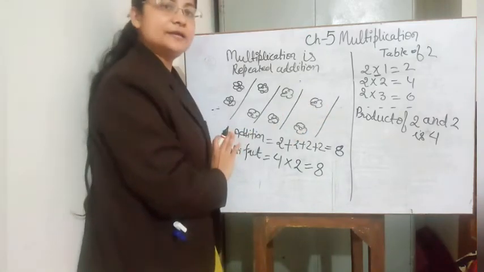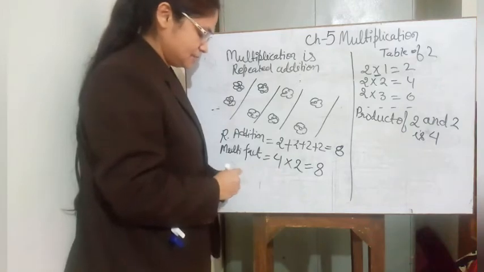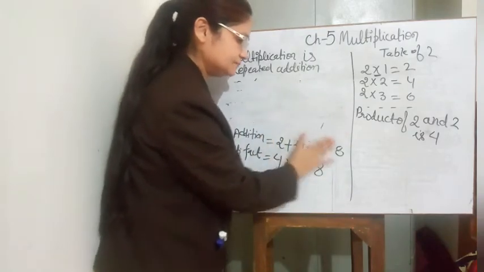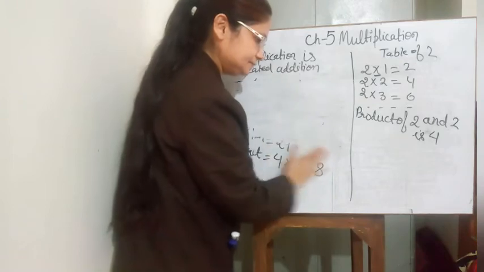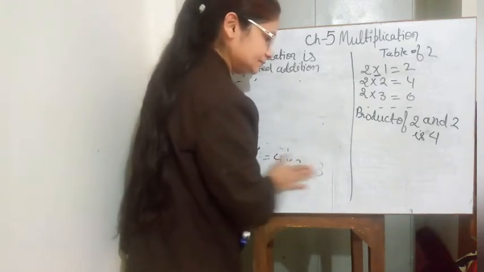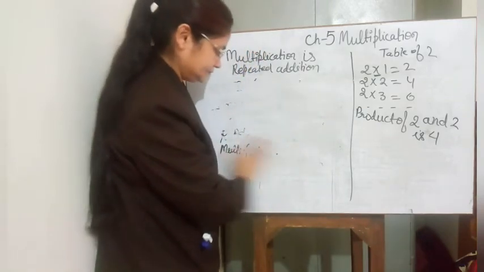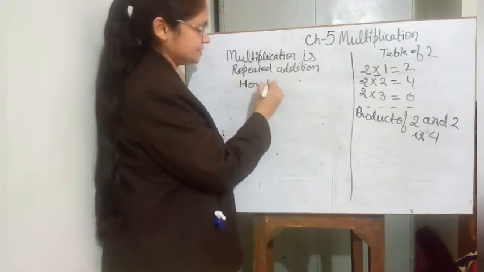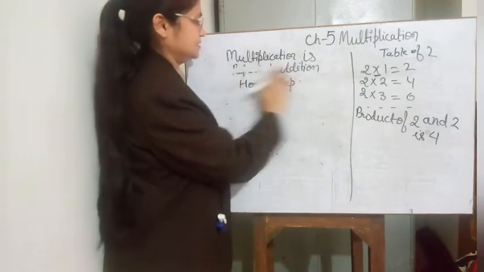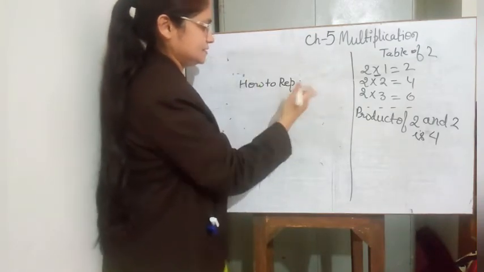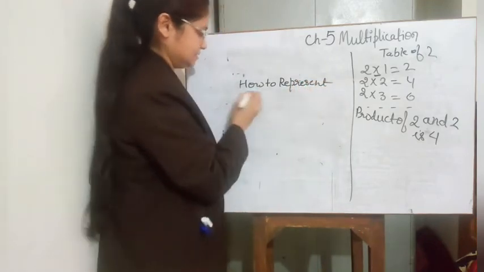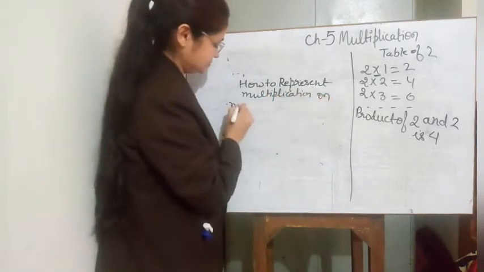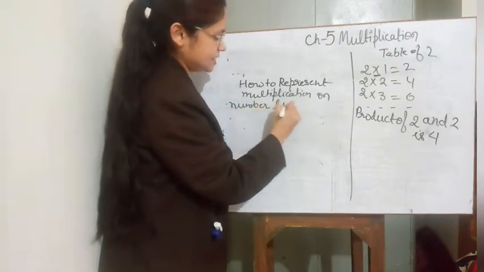Now I am taking one more problem. How to represent multiplication on a number line.